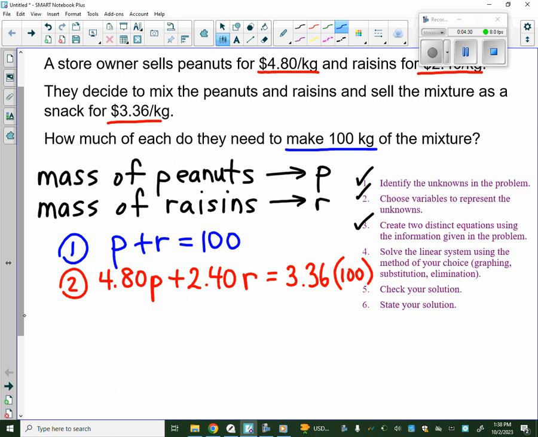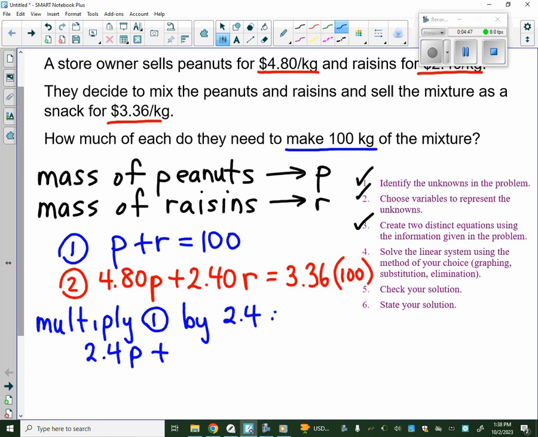So, multiply equation number one by 2.4. When I do that, the equation becomes 2.4p plus 2.4r equals 240.